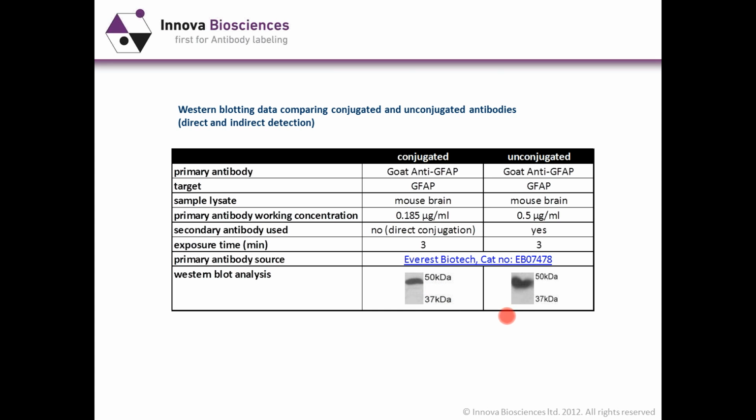If you use the same antibody at 0.5 micrograms per mil, so in this case 2.5 times as much primary antibody, you will see a band in a similar place. It's a similar intensity, but it's possibly not quite as clear in terms of the binding that you get. So once again, you can use less primary antibody, you can save the time for the secondary antibodies and all of those wash steps, and get results that are just as clear.